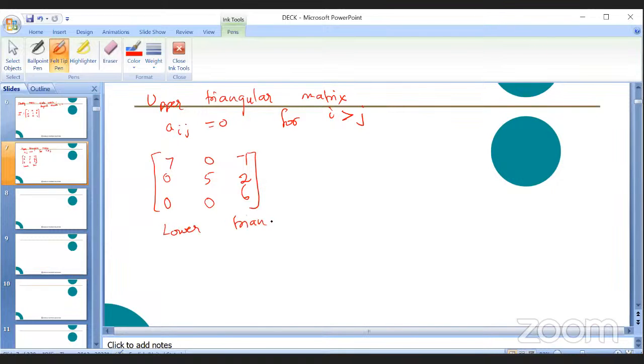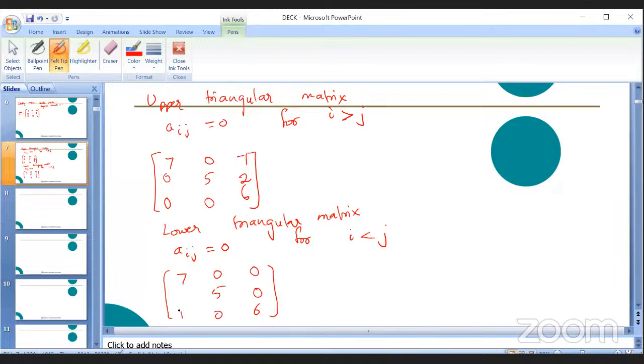What is a lower triangular matrix? In a lower triangular matrix, Aij will be 0 for i less than j. i less than j means what? A12, A13, A23. Remaining may be 0, remaining may not be 0, like this.